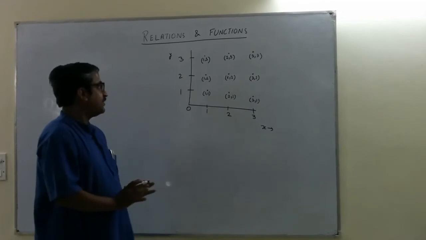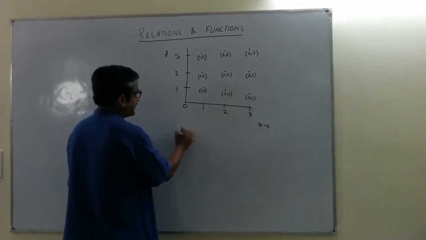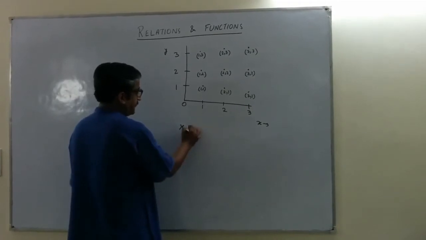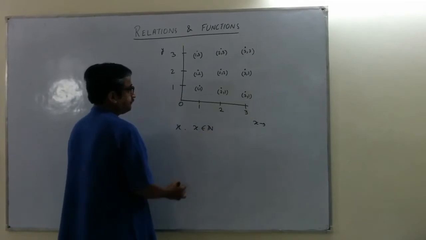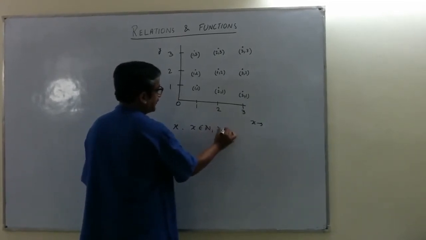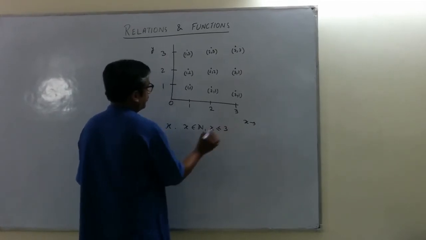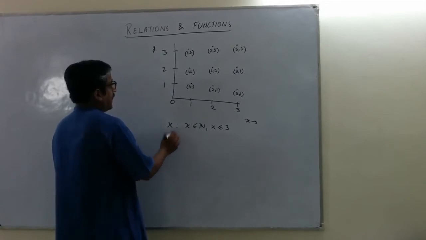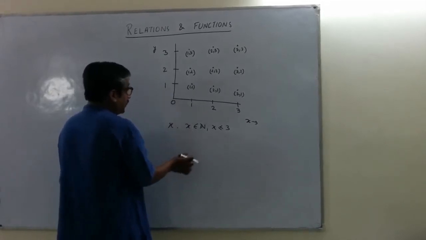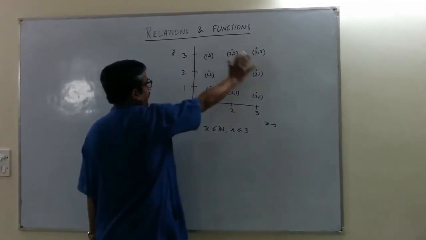In fancy language, I will say that we have two sets: x, such that x is an element of the natural numbers and x is less than or equal to 3. Of course, 0 will not fall in, so for the time being we are only considering these.